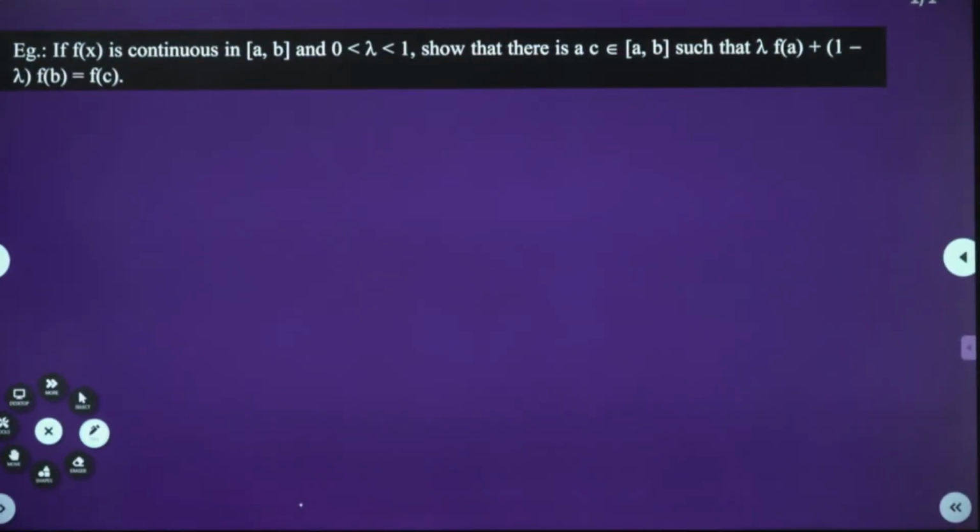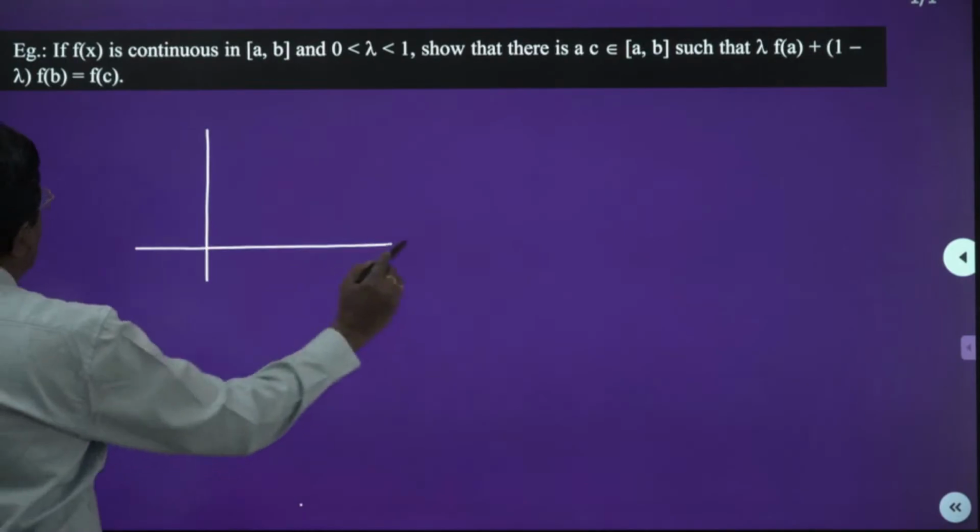So here f(x) is continuous in [a, b] and 0 less than lambda less than 1. Show that there is a c belonging to [a, b] such that lambda into f(a) plus 1 minus lambda into f(b) is equal to f(c). So this problem you can easily do like this.